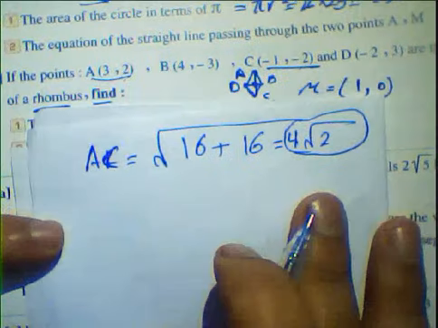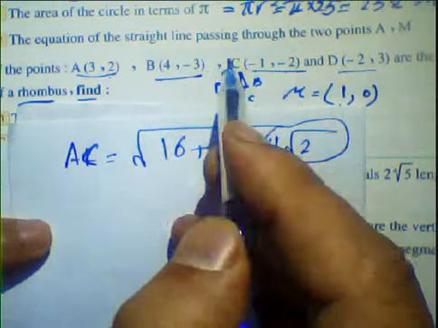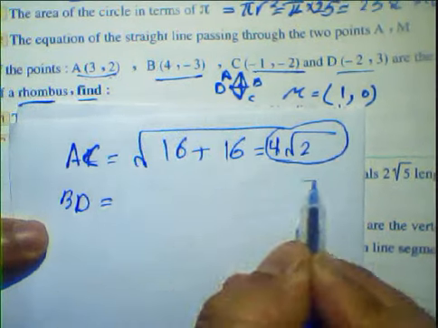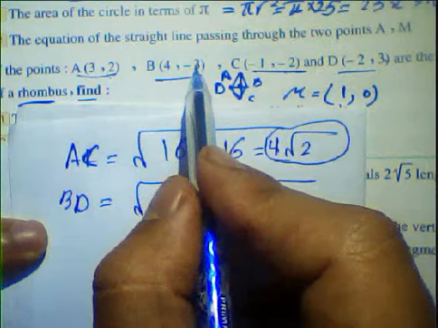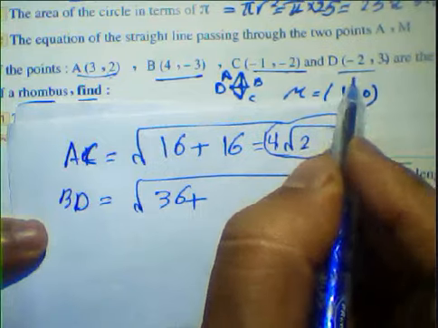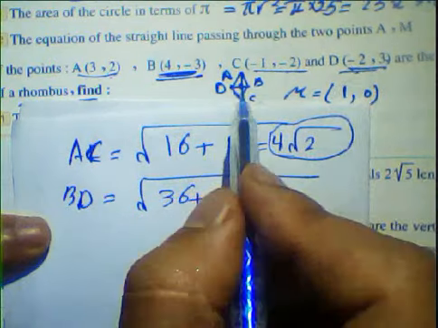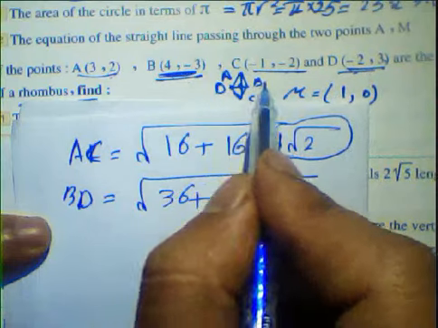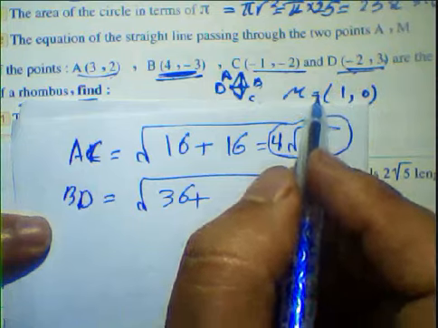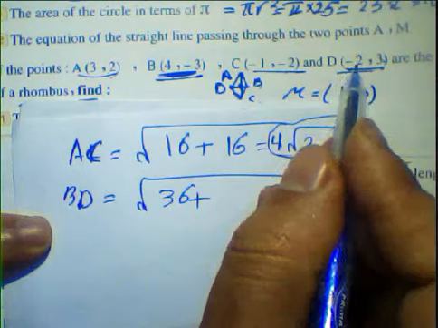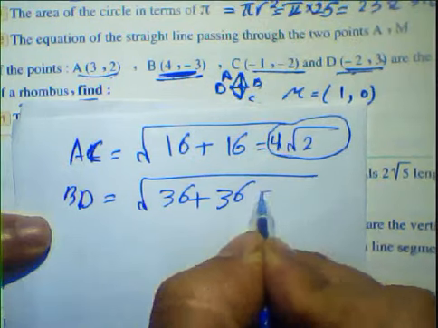And what about the other diagonal, B and D? BD: square root of, negative 3 minus 3 equals negative 6, power 2 equals 36, and negative 2 minus 4 equals negative 6, power 2 equals 36.